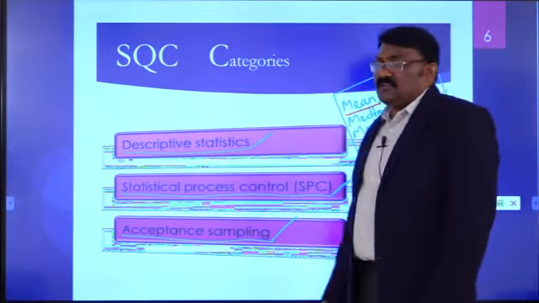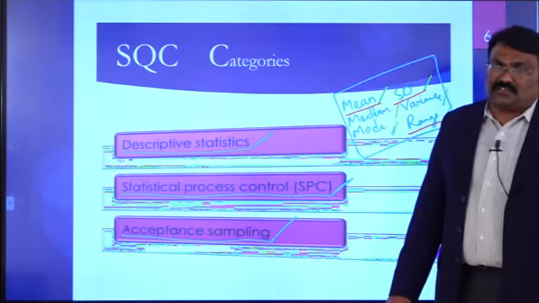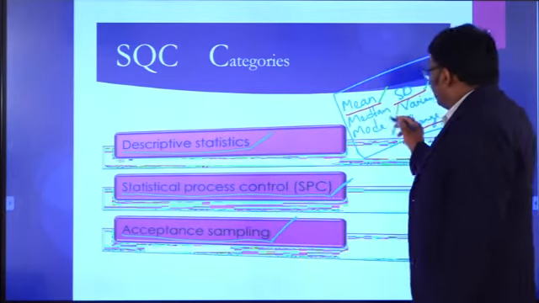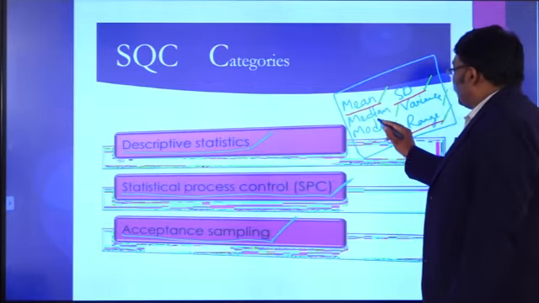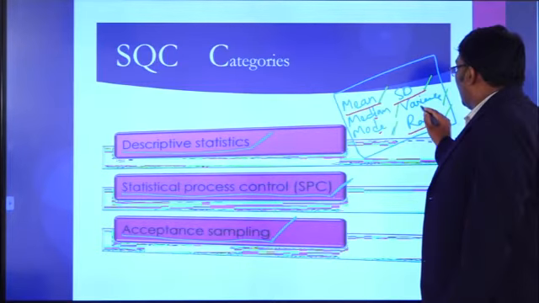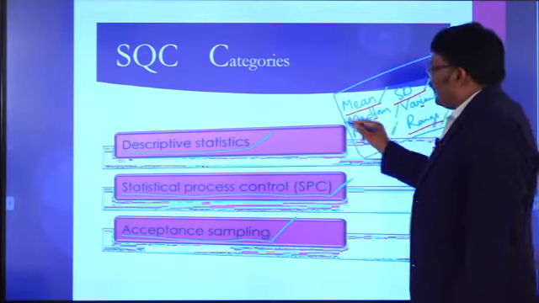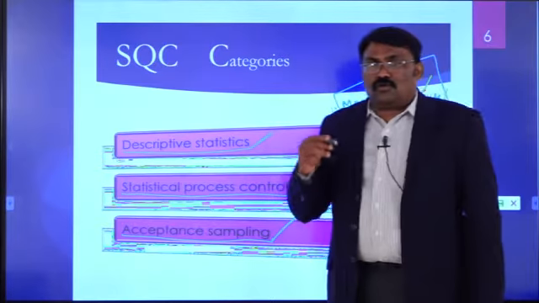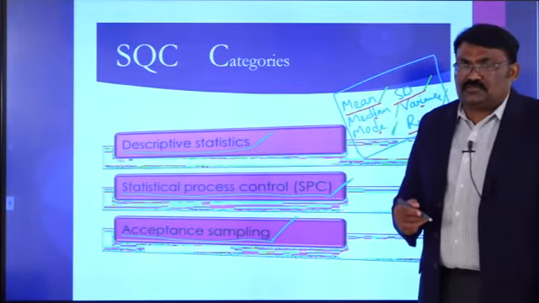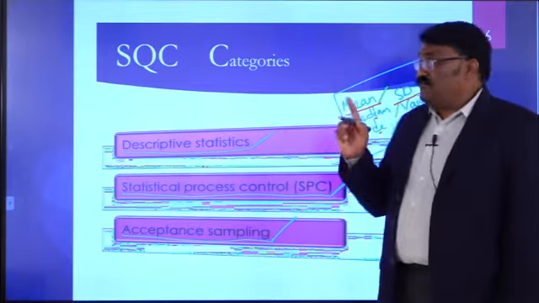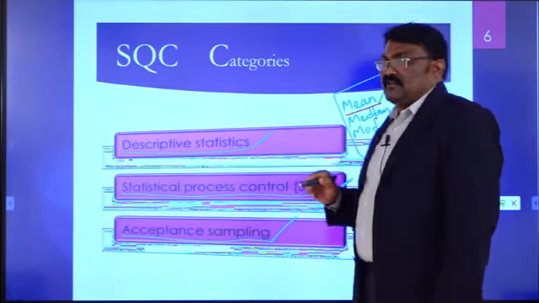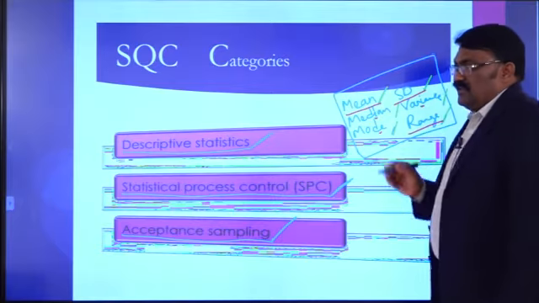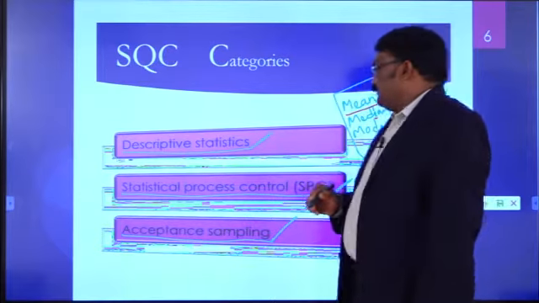These three are used in the control charts. Though median, mode and variance are part of the descriptive statistics, the more commonly used tools with statistical quality control are mean, standard deviation and range. These are the three.